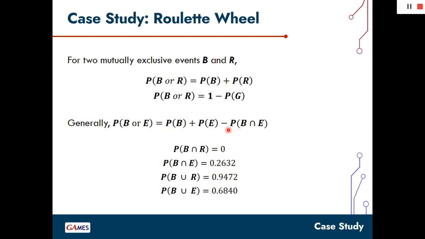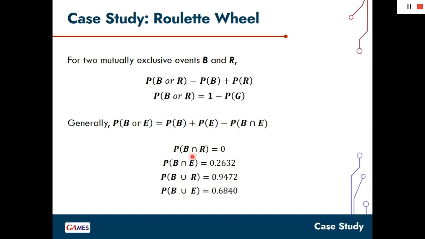Just realize that the probability of an intersection for mutually exclusive events is 0. So by the time you apply this formula on mutually exclusive events, it reduces to this formula, because this term is 0. Take note that the probability of an intersection of two events is the probability of one event and the other.